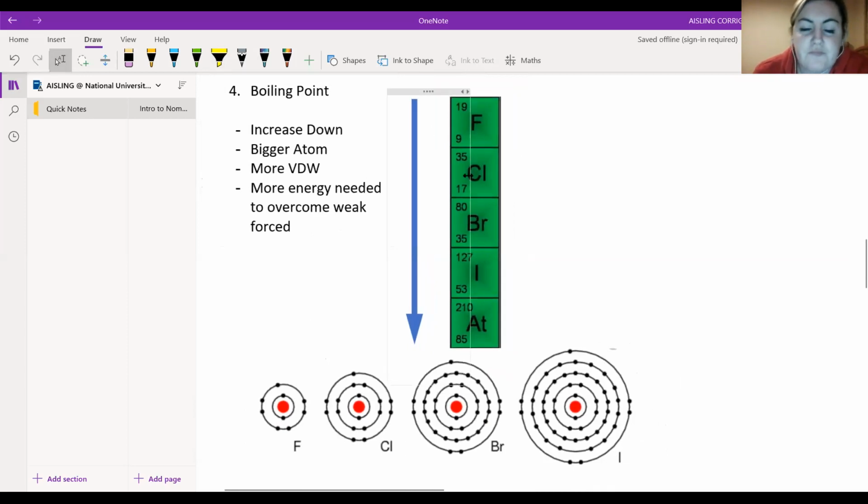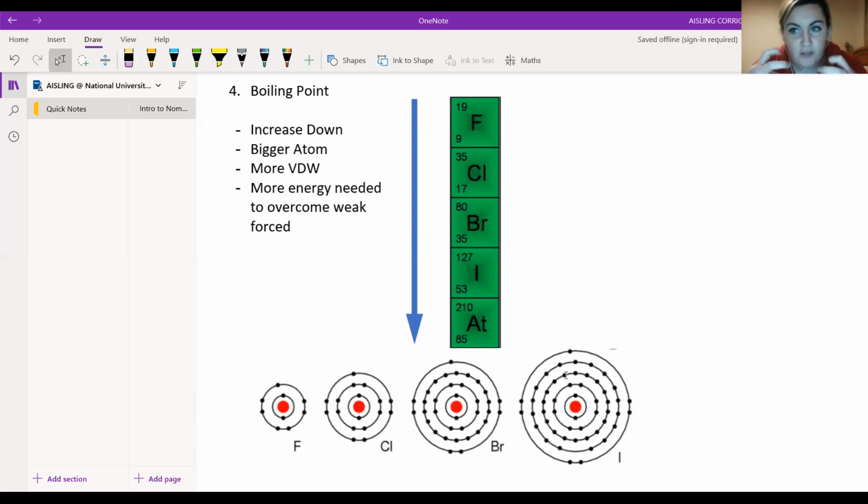So the reason why the boiling point increases is to do with the size of the atom, the bigger it gets. When we go down a group, we're adding more shells, okay? When we're adding more shells, the atom, look here, is getting bigger and bigger. We add more shells, there's going to be more electrons. When there's more electrons, there's going to be more van der Waals forces.